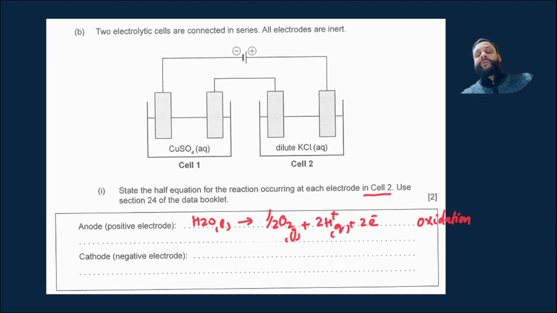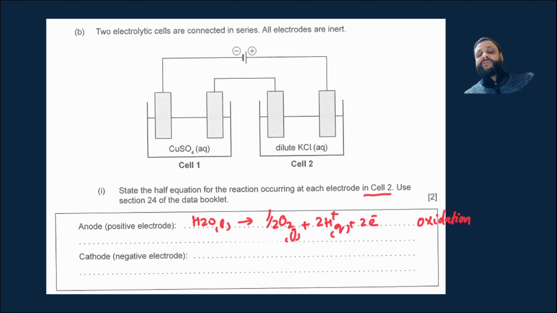At cathode, both potassium ions and water will be attracted towards cathode. At cathode, reduction takes place. So let's have a look in the data booklet. The E value for potassium is -2.93, and for water, when water gets reduced, it is -0.83. So hence water will get reduced and hydrogen will be liberated there.